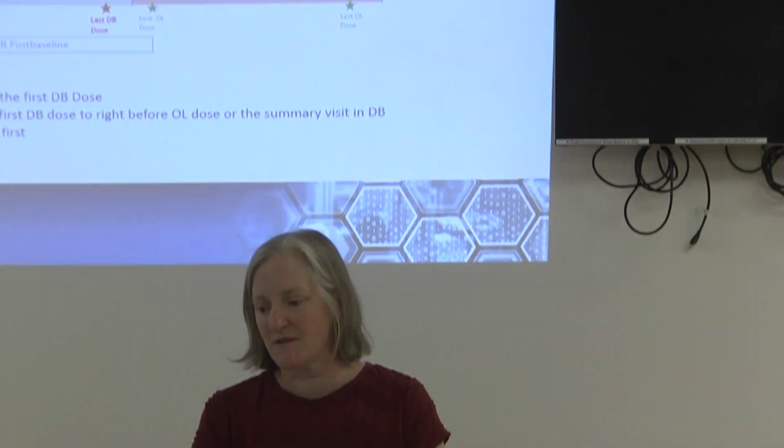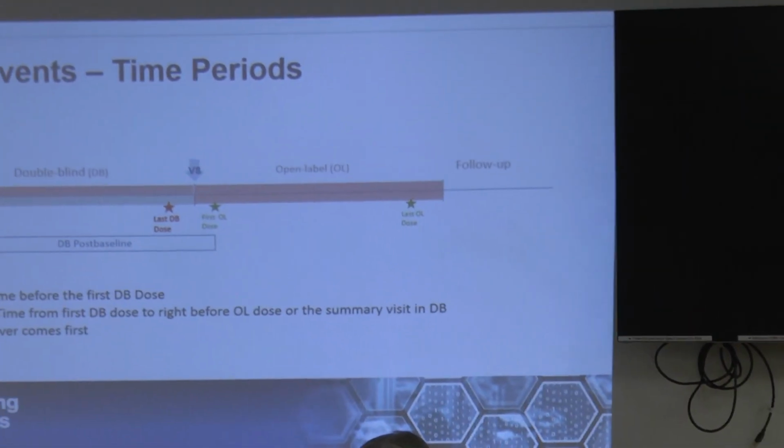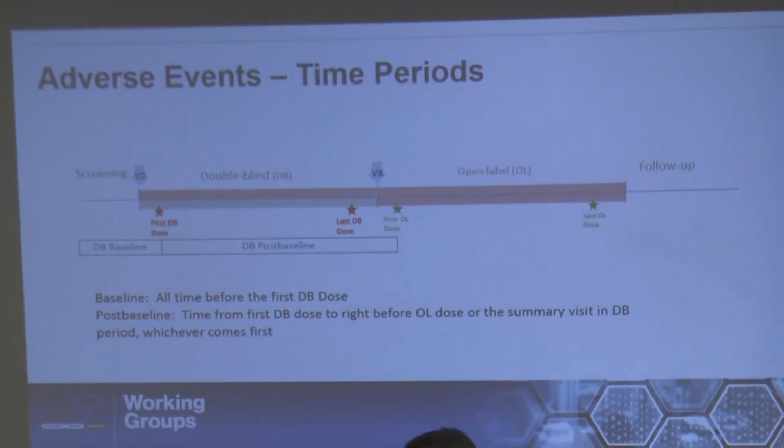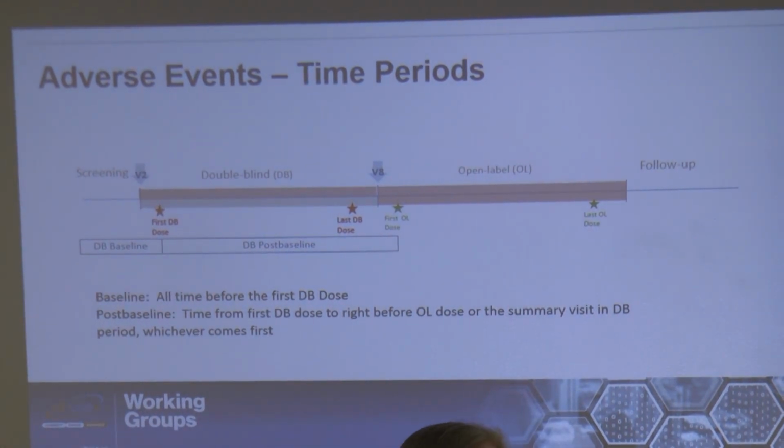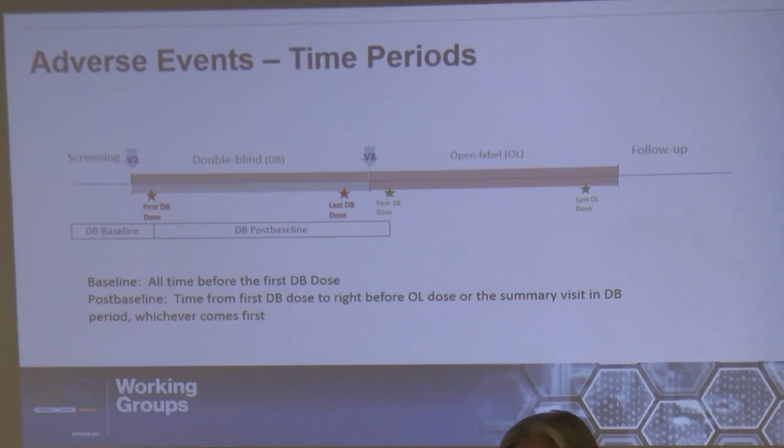Even for the most basic analyses, adverse events for a treatment period, we have variations on how we handle the time period of interest. It's a silly thing to vary on, but it is not an easy thing, and it's certainly not obvious. The recommendation is that your treatment period starts at dose, when you start taking dose, and goes up to the next dose of the open label extension.